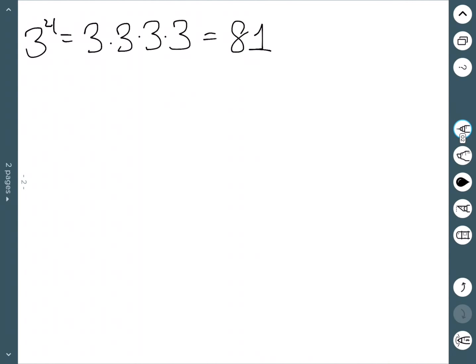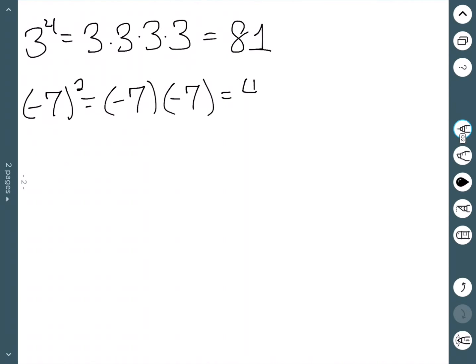A few examples. 3 to the 4th would mean 3 times 3 times 3 times 3, which is 81. Something like (-7) squared would be -7 times -7, which is positive 49.